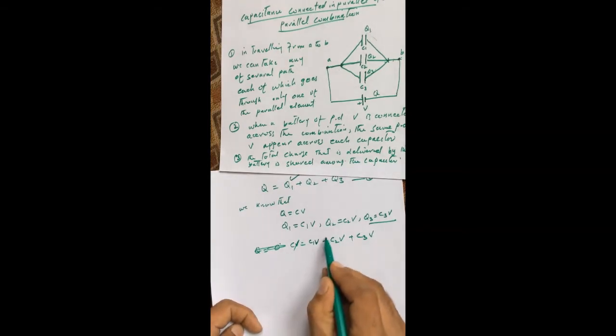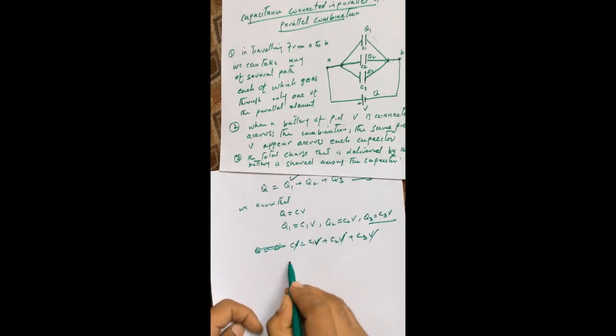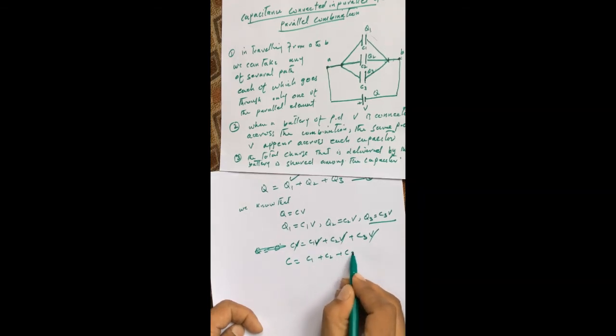Now the potential is the same, so it cancels. So we have C equal to C1 plus C2 plus C3.